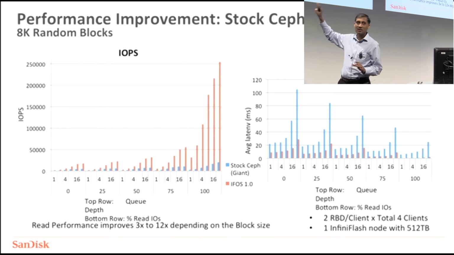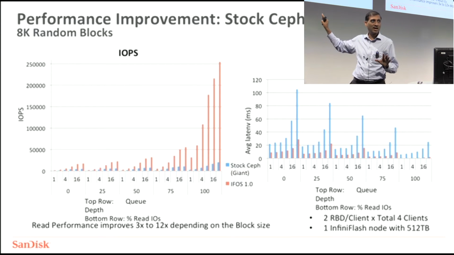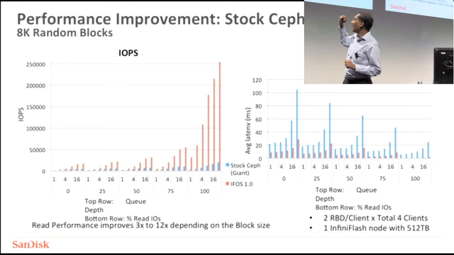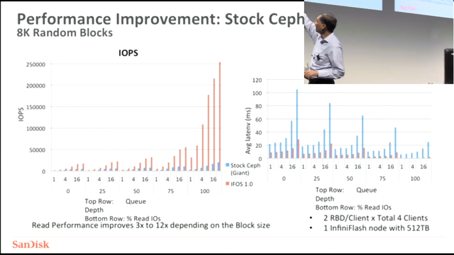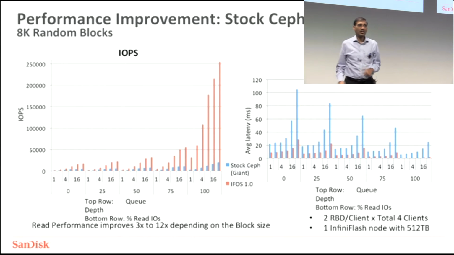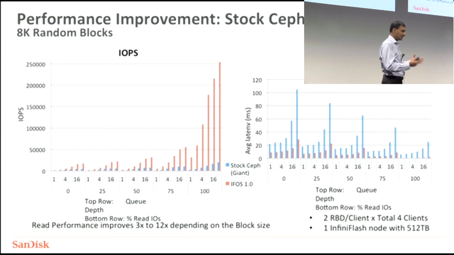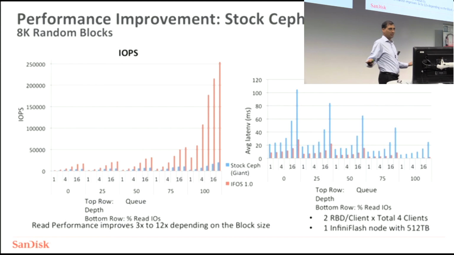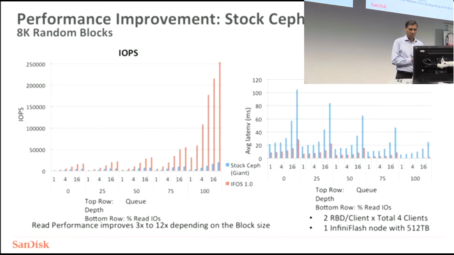Now, to compare this, there's a lot of data in here, but let me quickly walk through what it is. This is done for an 8K random read IO workload. What we're really comparing between the red bars and the blue bars is Ceph as it is, without any tuning, just the defaults, using the same hardware. Both tests are run on InfiniFlash.